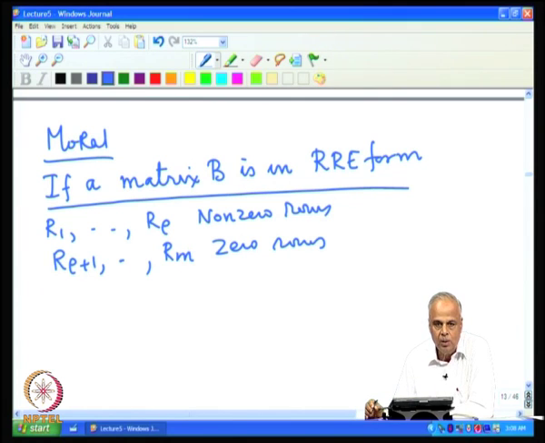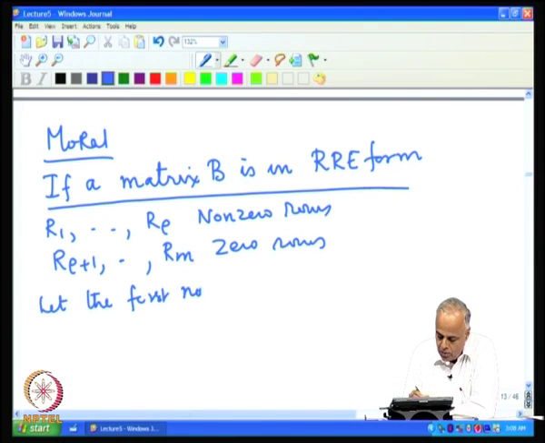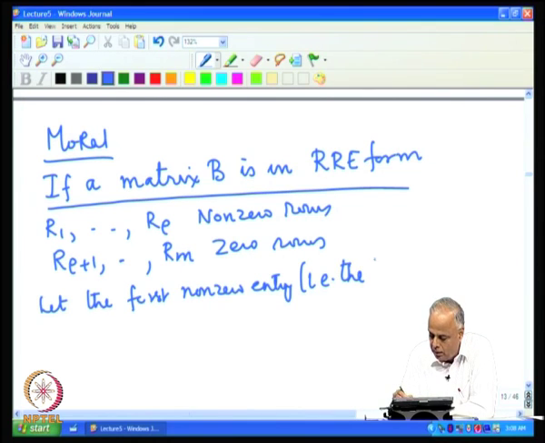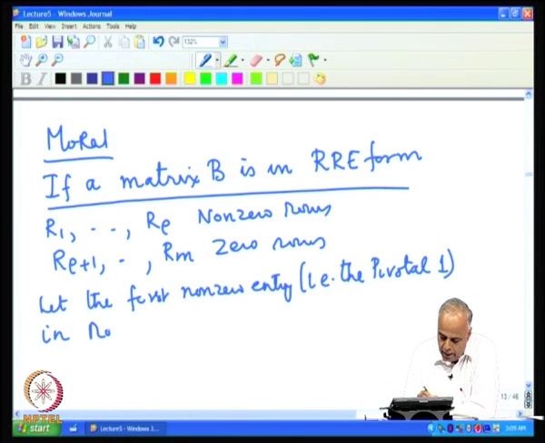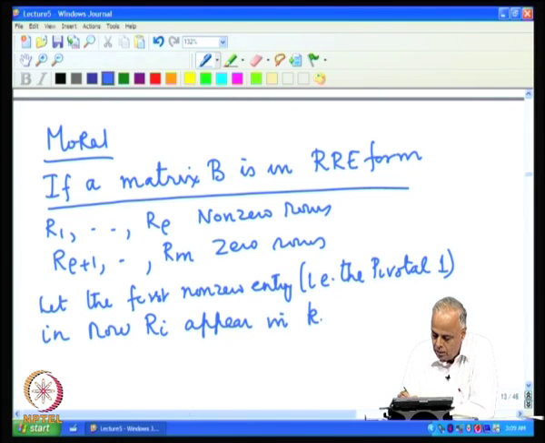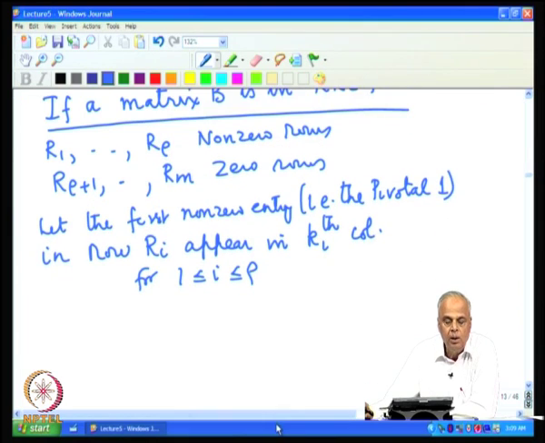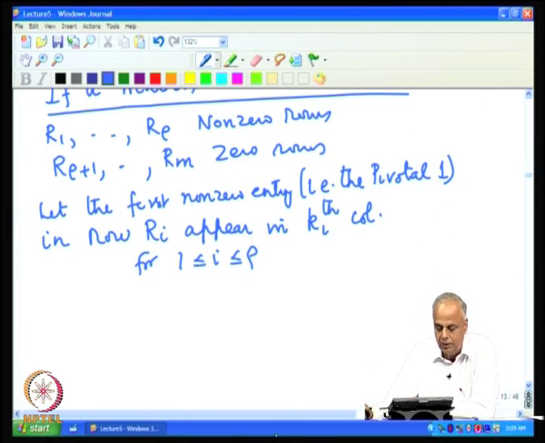Where does it come from? It locates the column in which the first non-zero entry, that is the pivotal one, in row Ri appears in the kith column, for 1 less than or equal to i less than or equal to rho. For rows beyond rho, there is nothing like a non-zero entry because all the entries are 0.